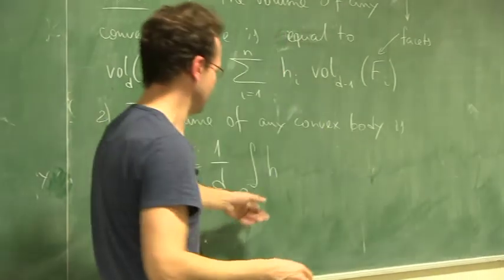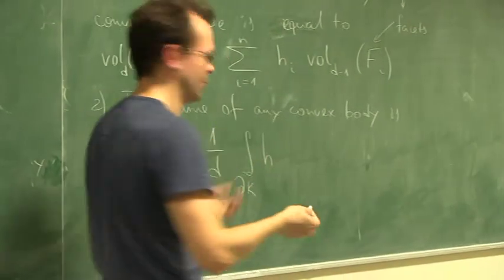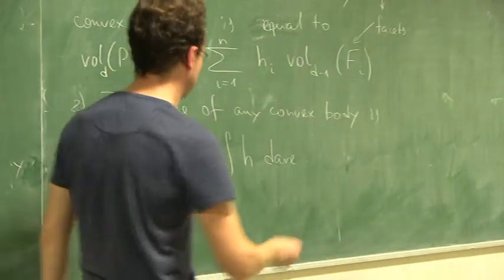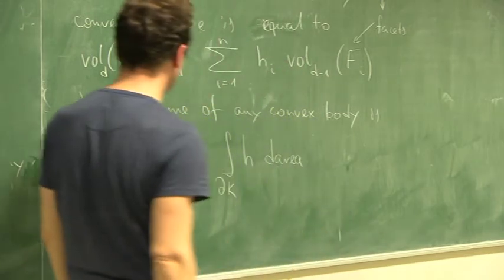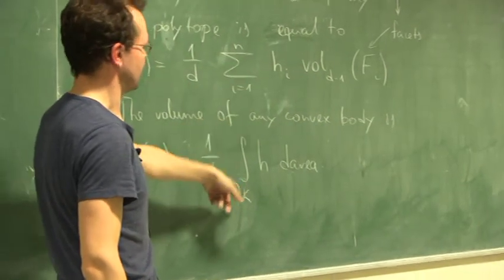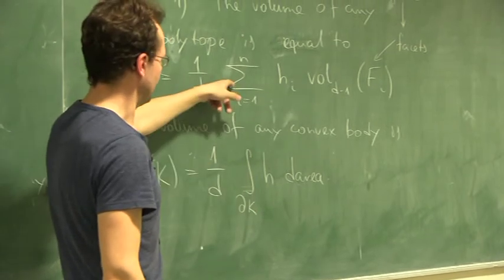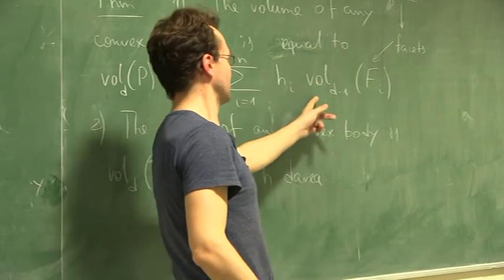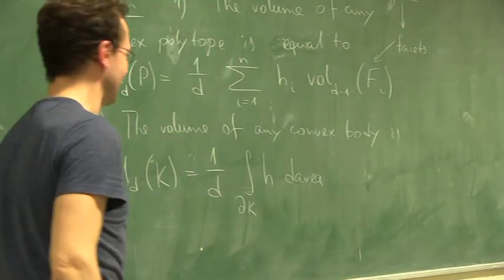Well, and the integral is done just by the area element of the boundary. Right? You can note that these two formulas are very similar because the integral is also a sum, and this is the area of a small piece of a boundary, and here we also have taken the area of a piece of a boundary.